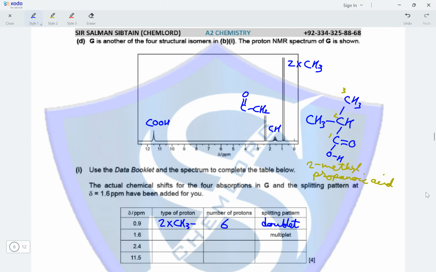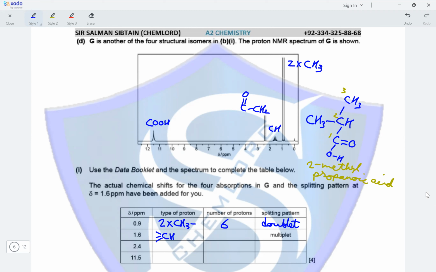At 1.6, the proton is a CH bonded to three other groups, and it is next to a C double bond O, and that effect is not seen here. Wait a minute.